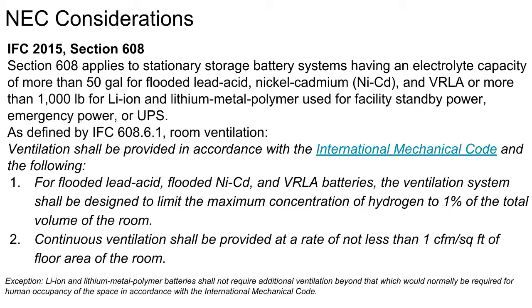So under these two definitions, the definition one, you can say, okay, well, we'll let the room fill up with hydrogen, and periodically we'll vent the room to the outside, and provided we stay within an allowance, that'll be okay. But condition two says you need continuous ventilation.